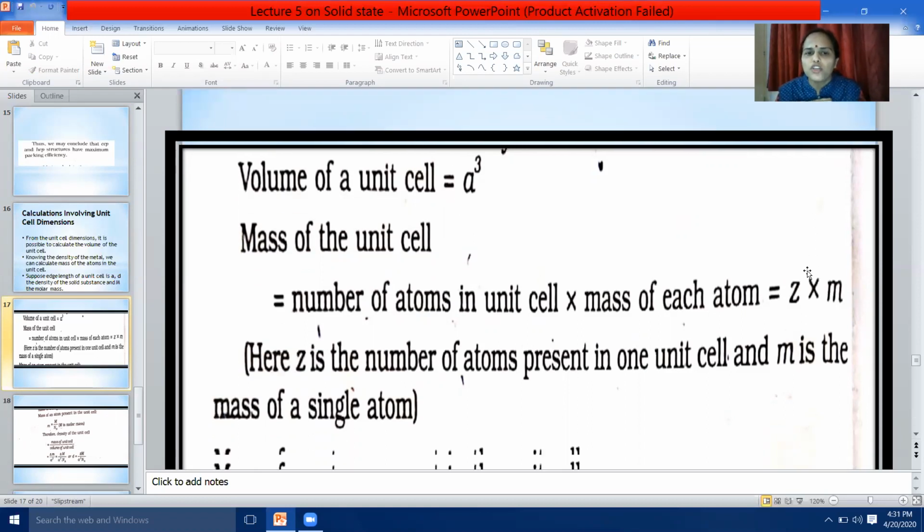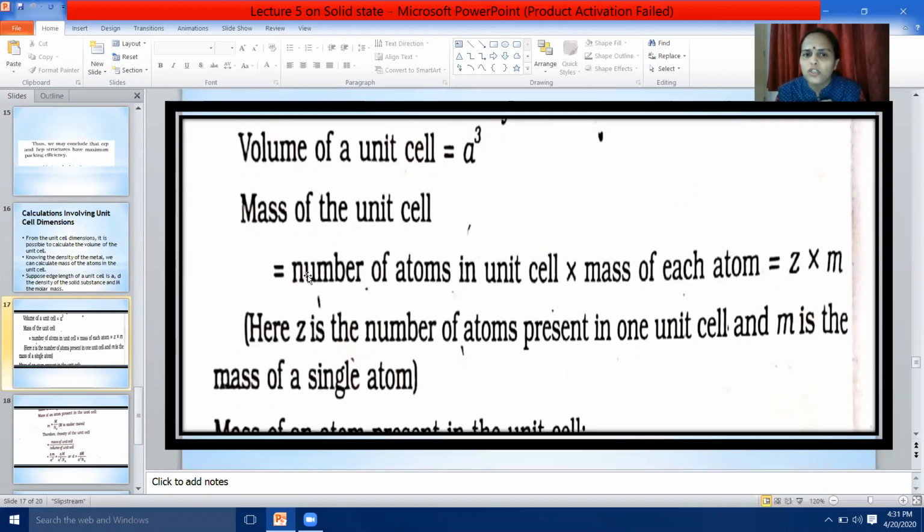And mass of the unit cell is equal to number of atoms in unit cell, that is represented by small z, into mass of each atom, which is equal to small m. So mass of the unit cell is equivalent to z into m.